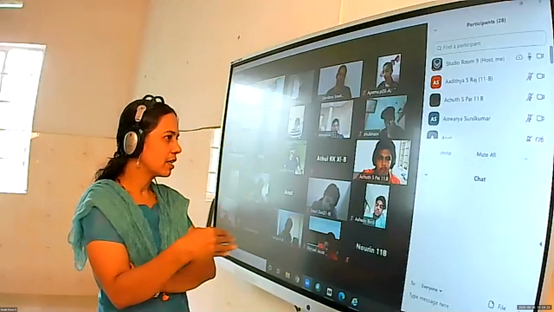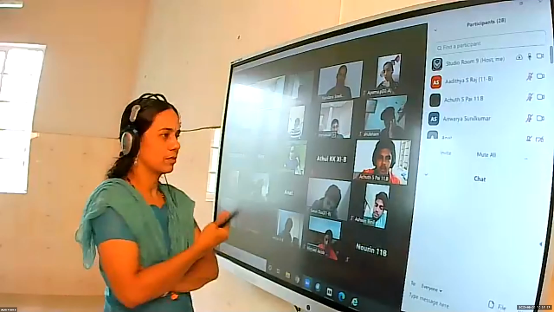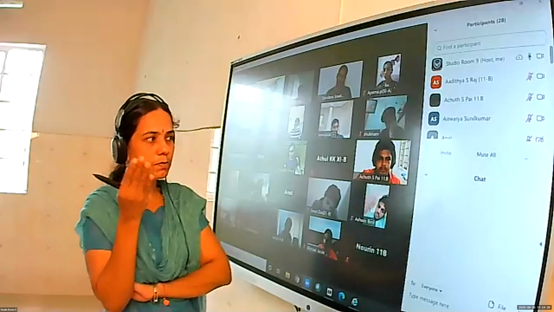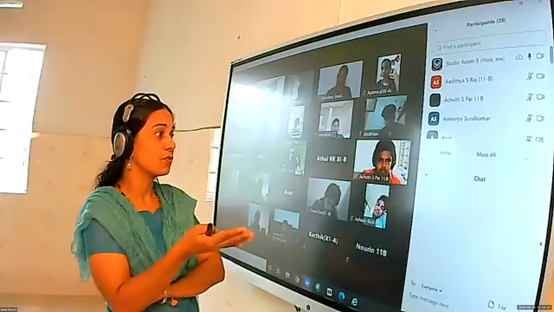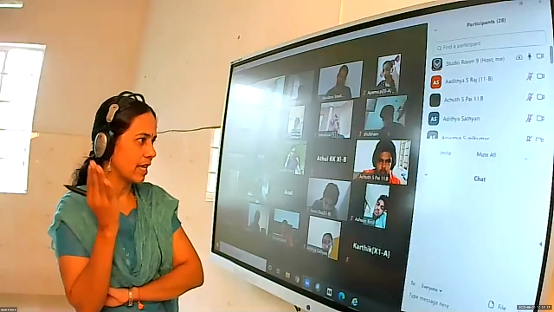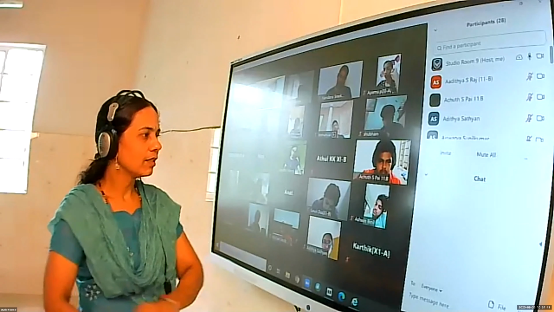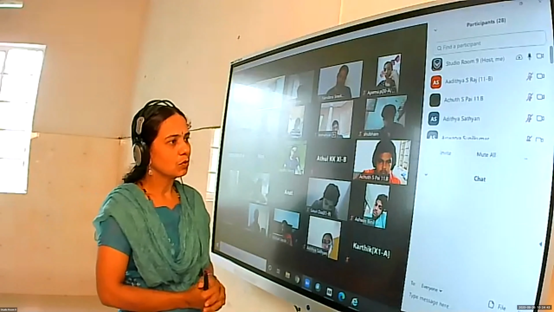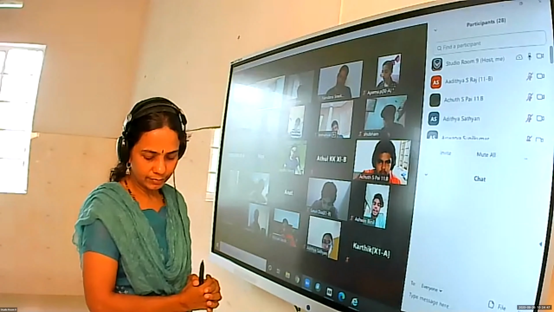Here repetition is not allowed. Whenever we want to use this permutation formula, nPr, keep it in mind, repetition is not allowed. In that case only you can use this formula. Okay? Now tell me what is the answer? What is the value of n here? How many objects are there?